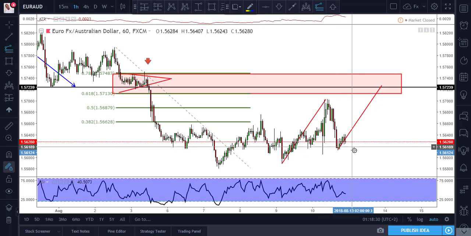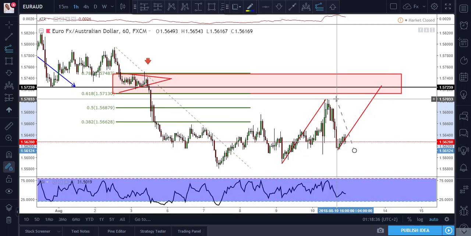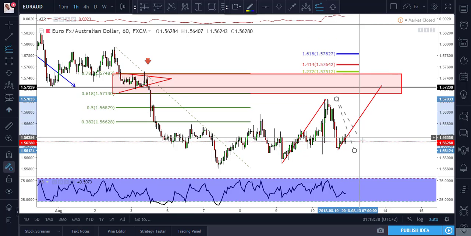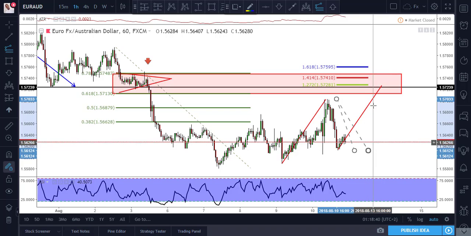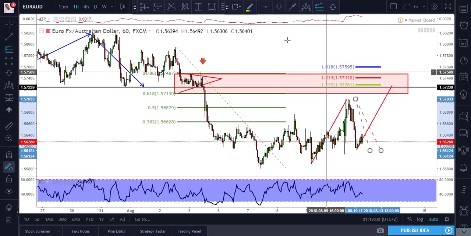So I'm going to invert it from our previous swing back to our previous resistance level, and if I drag it back, you would see our 127 extension confluences with our ABCD pattern, which is terminating at 157.25.